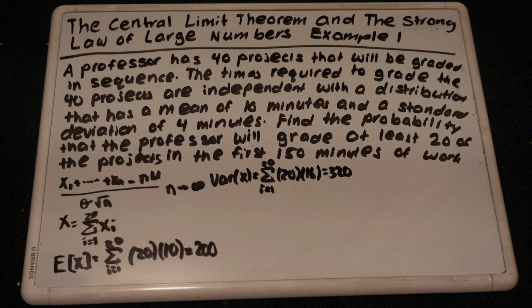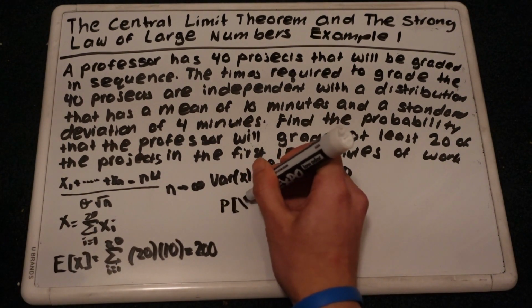Since the professor will grade at least 20 exams in the first 150 minutes of work, if the time it takes to grade the first 20 exams is less than or equal to 150, then we want the probability that X is less than or equal to 150.